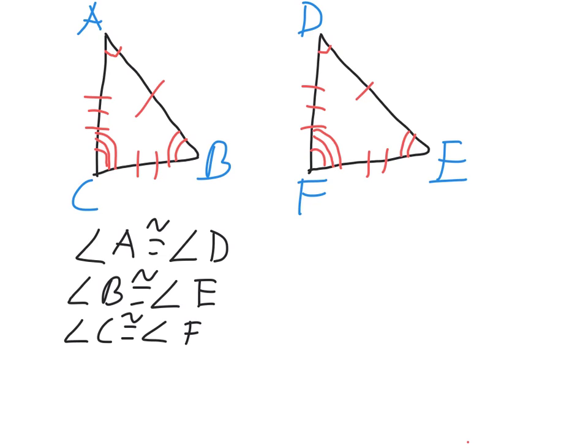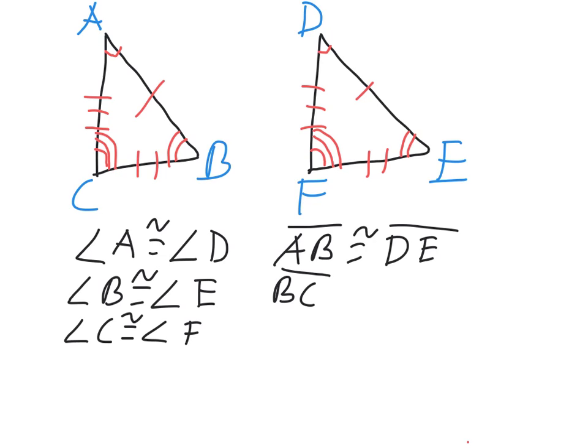Then the sides, we know side AB is congruent to side DE. Side BC is congruent to side EF.